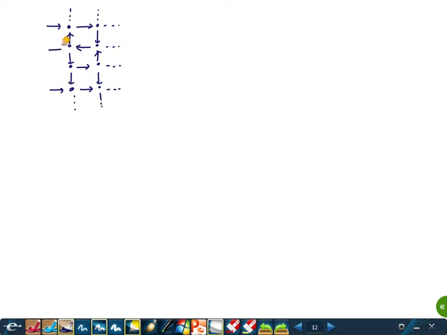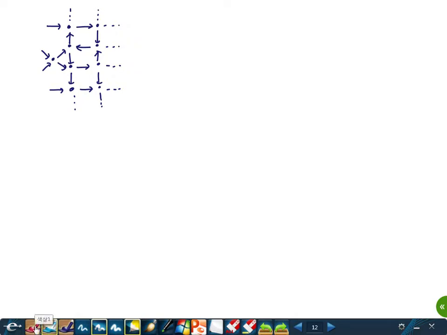Here, every arrow from the left is an incoming arrow, like that. But we're going to introduce a new vertex here between the ith row and the i plus first row, and put arrows like that. And then what is the label of this?